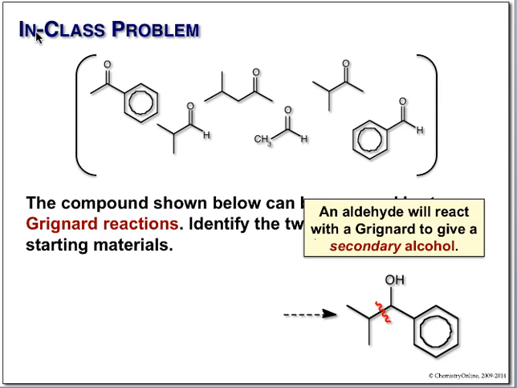Carbonyl half is the one with the oxygen, isn't it? We're looking at benzene ring, and this was a carbonyl carbon with a hydrogen attached. It was an aldehyde because it's a secondary alcohol now. Therefore, the only one that's going to work is benzaldehyde.